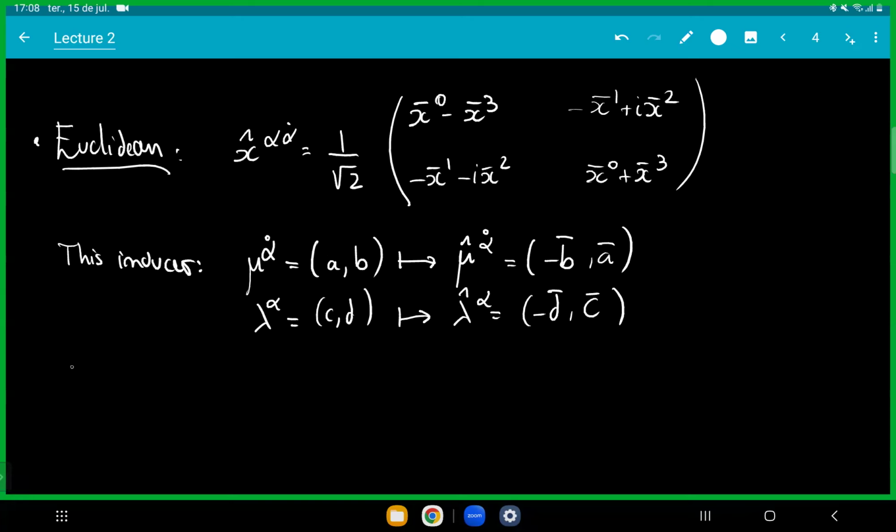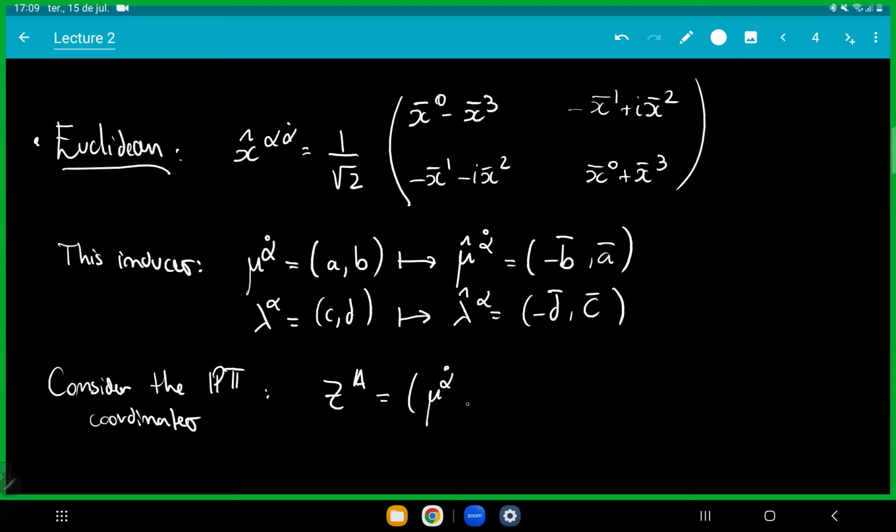So this means that if we now consider the twistor coordinates, which are the ZAs, which I wrote down as mu alpha dot, lambda alpha, this complex conjugate is going to take me to a Z hat A, which, you can work this out yourself, is just mu hat alpha dot with lambda hat alpha.